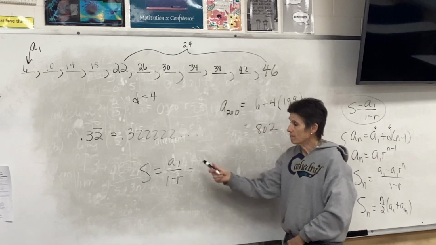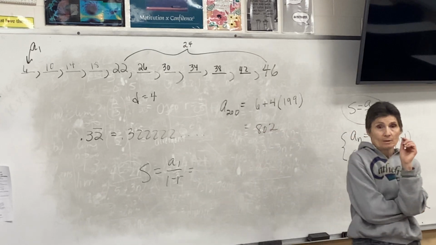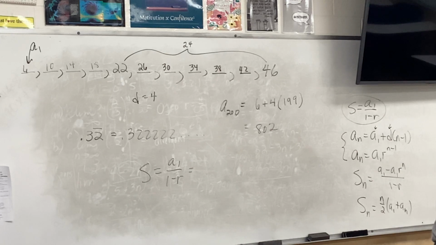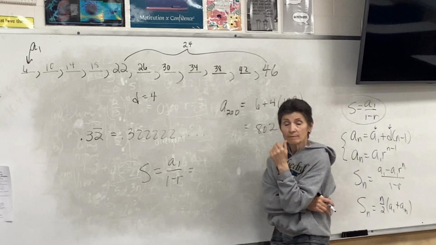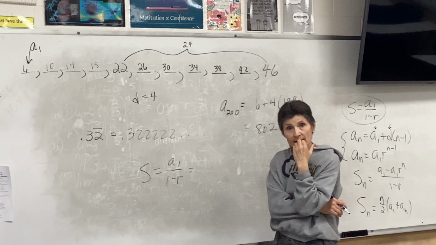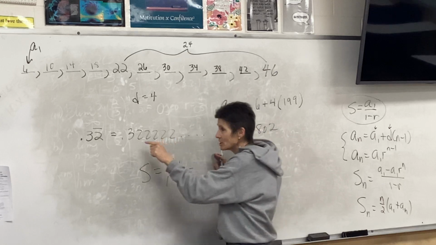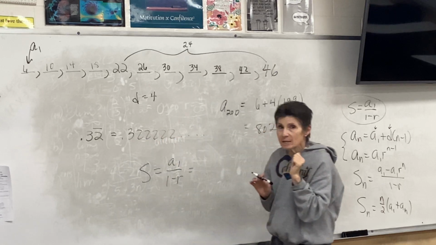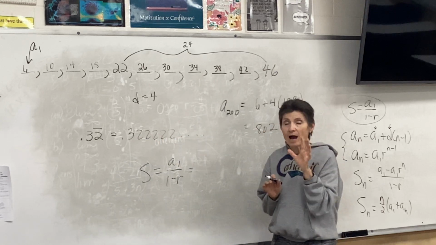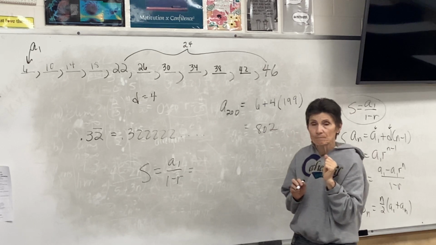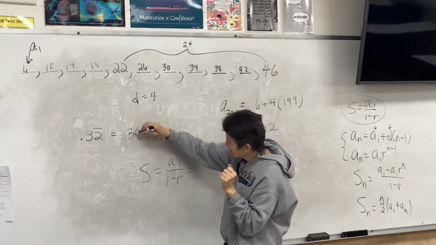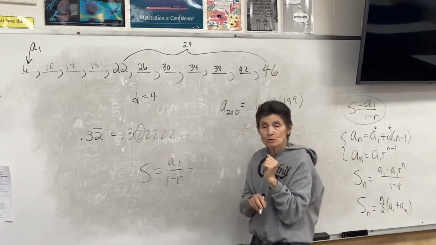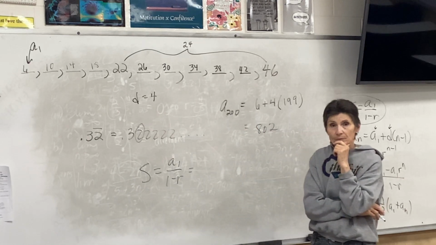Well, I need to know the first term of the repeating part of the decimal. Now, this is a trickier one than the one we did last time, because this actually has an extra number in it. The 0.3 is not a part of the repeating. The first part that repeats is this guy right here. He's the first repeating part.